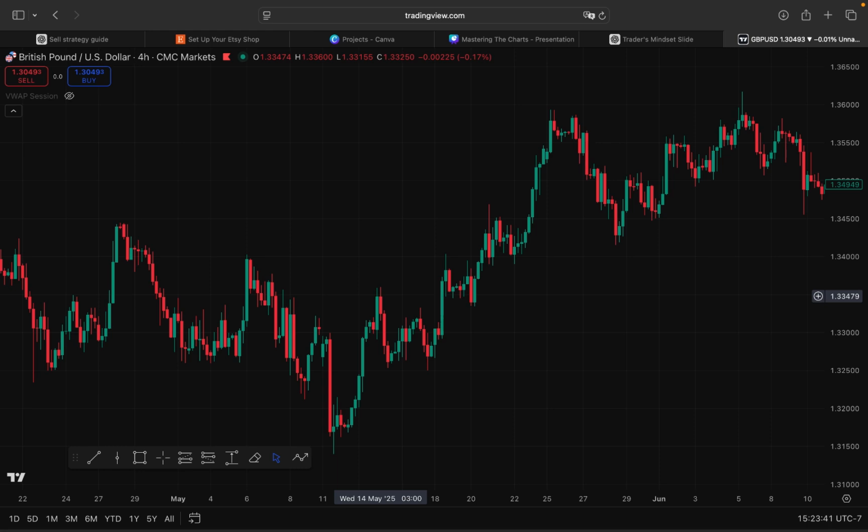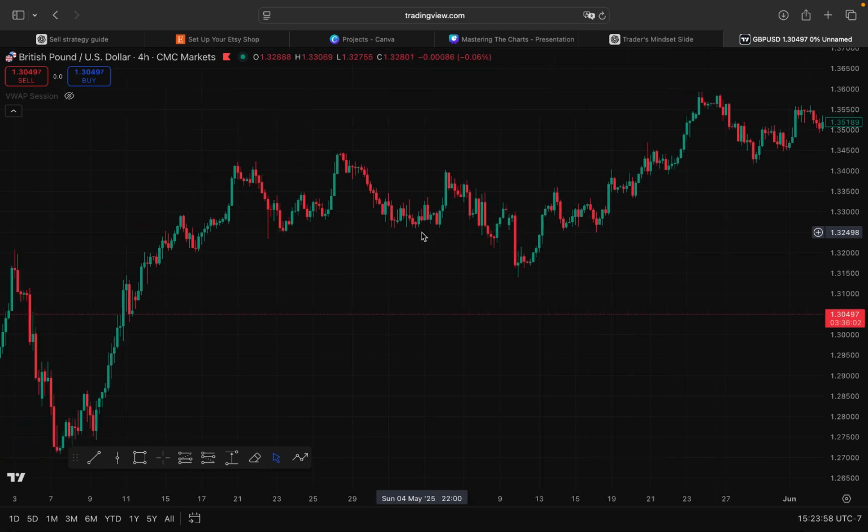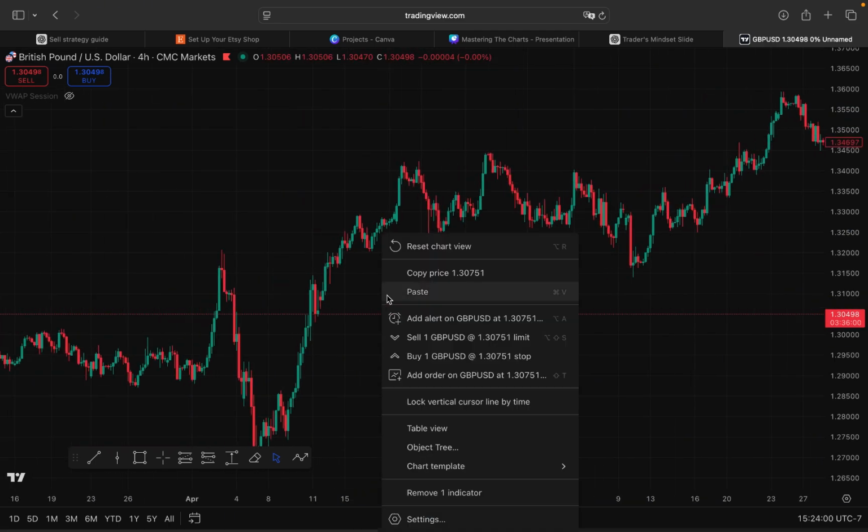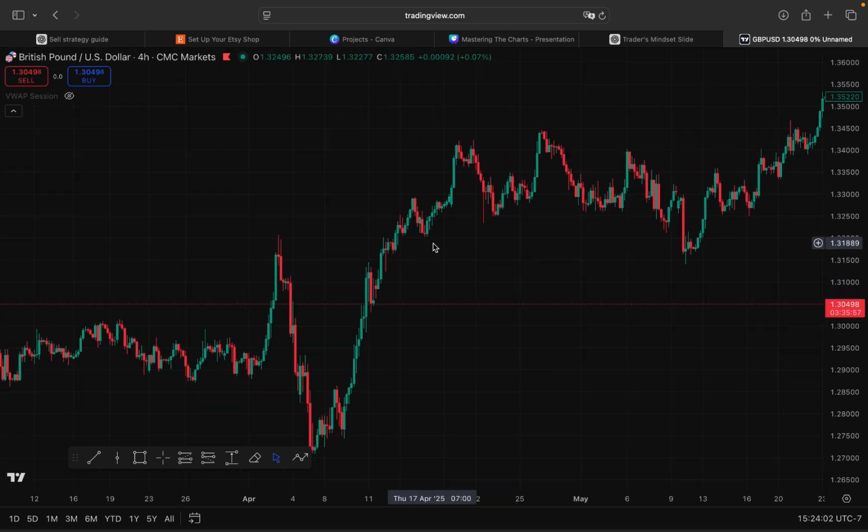The next thing would be to be able to identify the break of structure, which is trend shifts, right? So like right here, for example, let me find one for you guys. Let's see if I can do this.